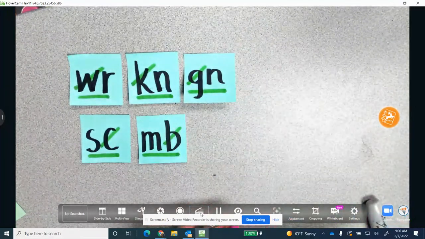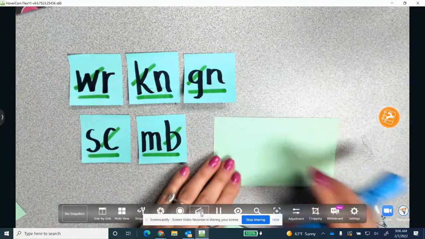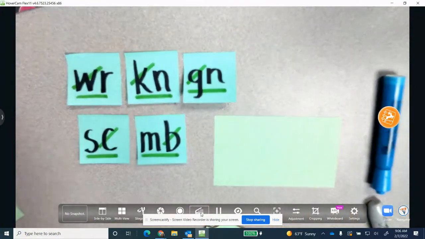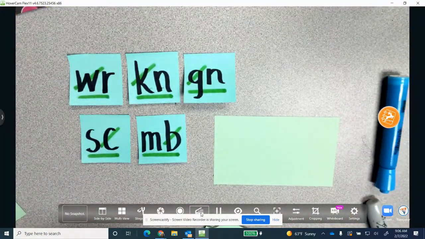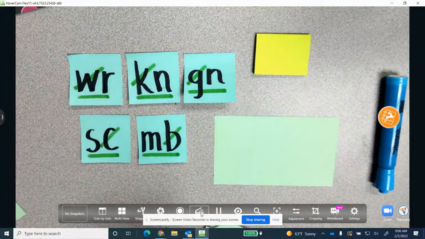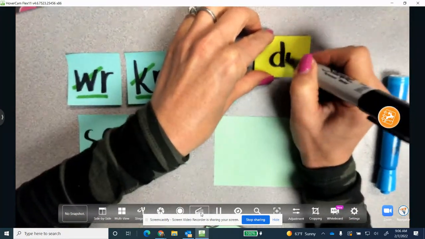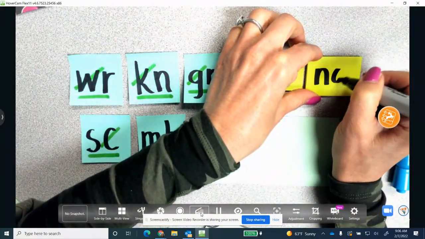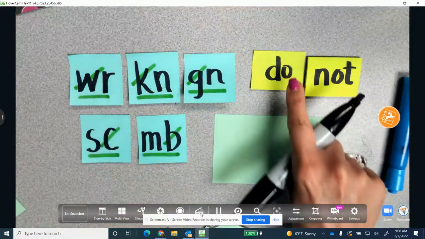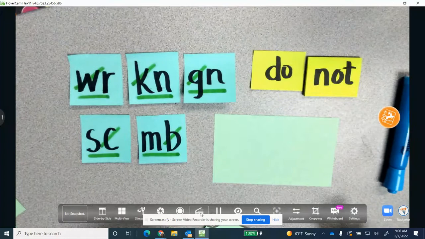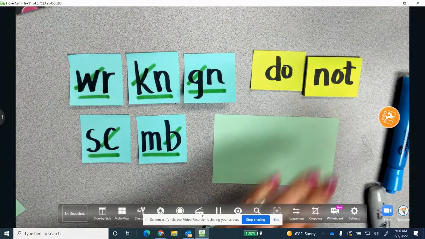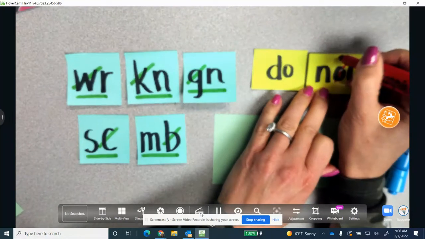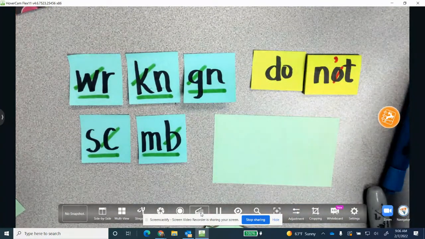And number 13 is a contraction. It is 2 words. It's the words do and the word not. When I want to take do and not and put them together, we say don't. And we take away the O and replace it with an apostrophe.